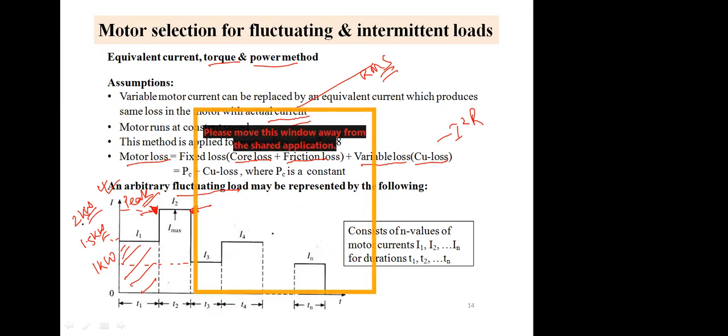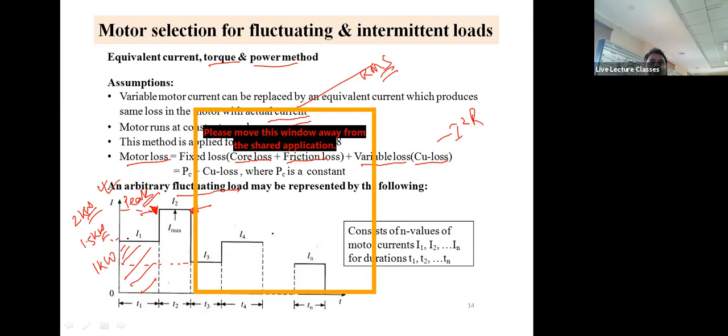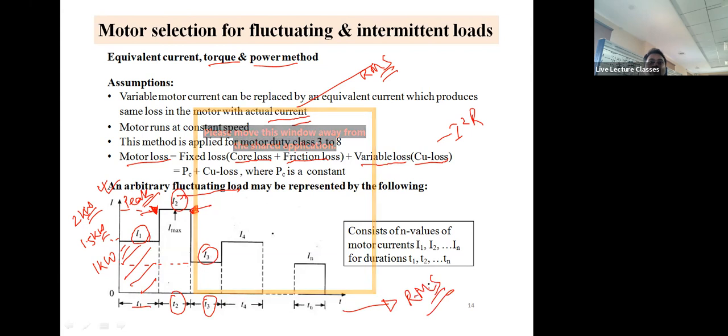So that's the reason why we are going for load equalization. We will take the values of T1, I1, similarly I2, T2, all these things, and then we'll fix it up with load equalization, which will have the RMS values.